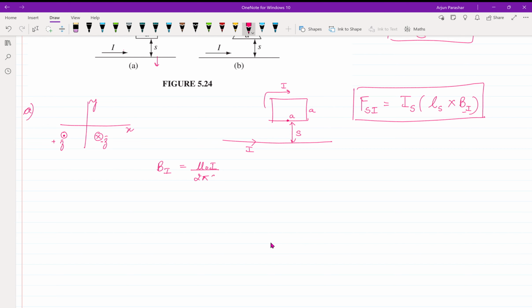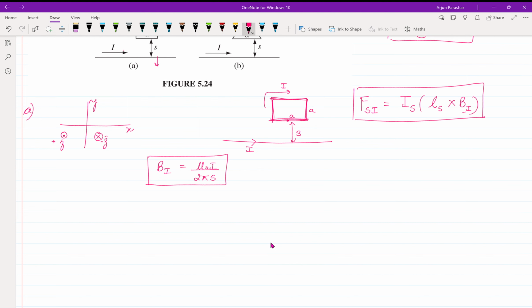So the distance is s here, and for this side the magnetic field is mu naught I upon 2 pi s. We need to calculate the force on all four sides and then evaluate it eventually, because all four sides together give the force.